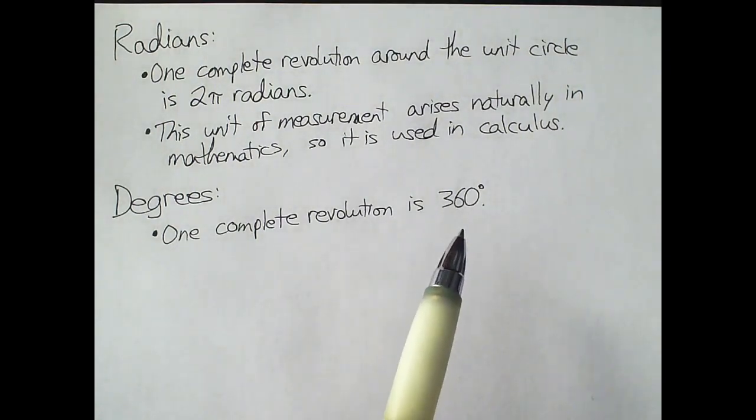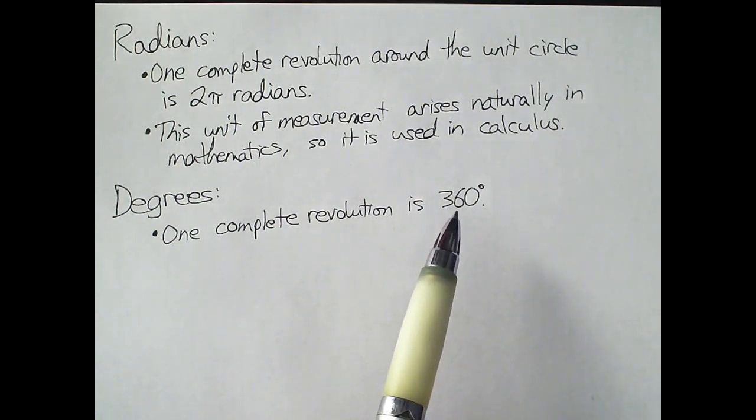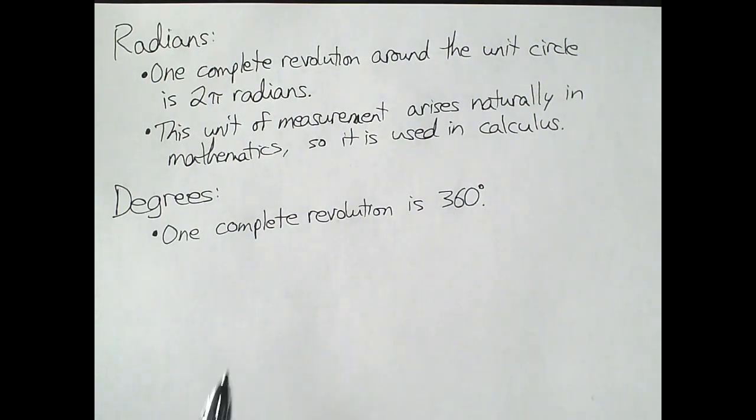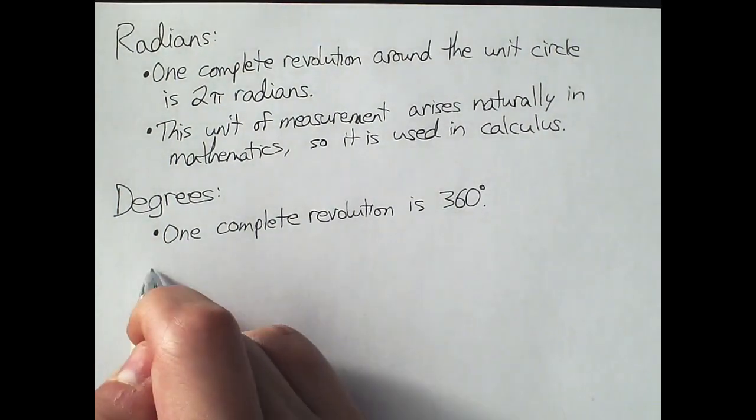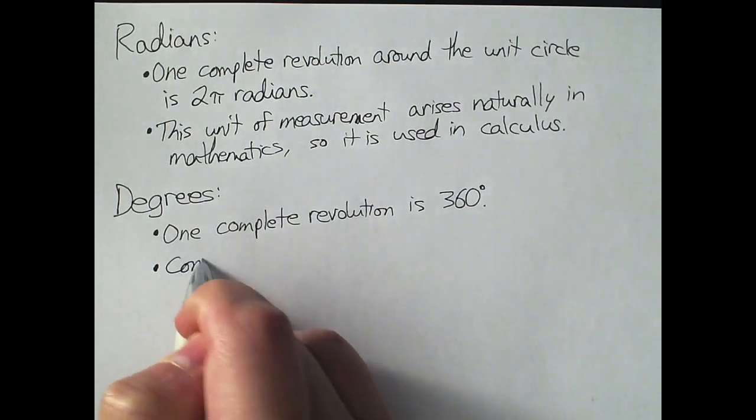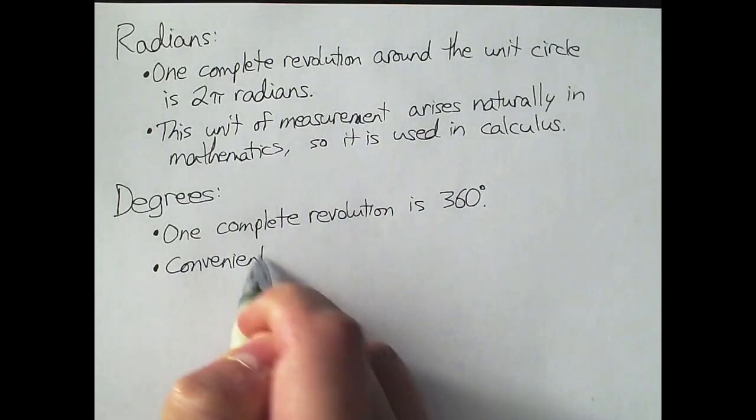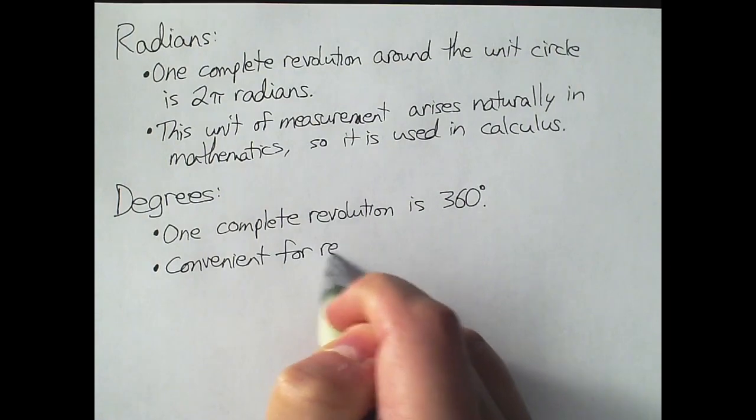It's easy to divide this into quarters. It's easy to divide this into tenths. You know, 360 has a lot of divisors, so you can chop up the unit circle into 10 equal pieces, 12 equal pieces, 3 equal pieces, right? So it's a pretty convenient number to work with. And it is convenient for real-world applications.